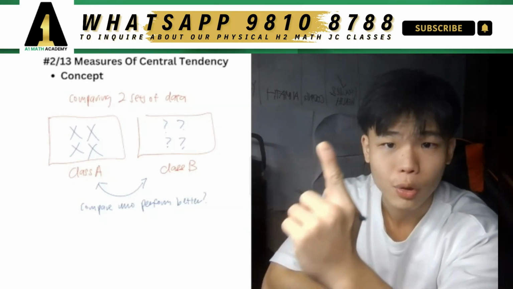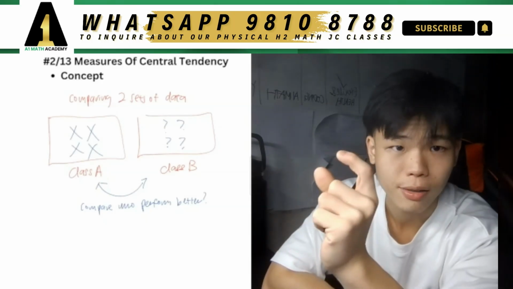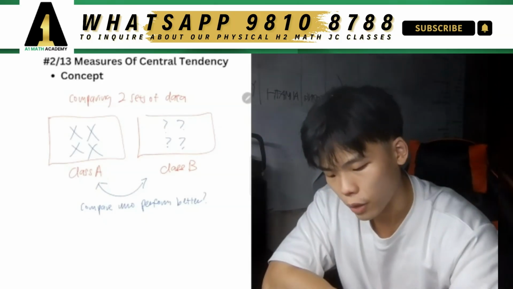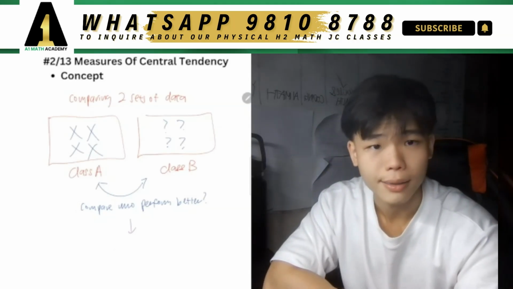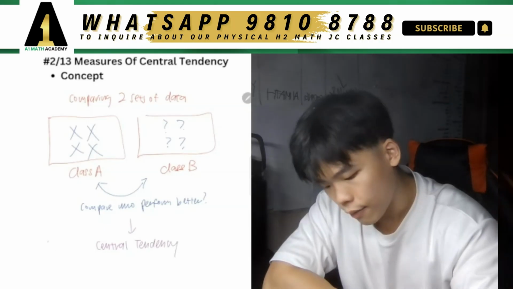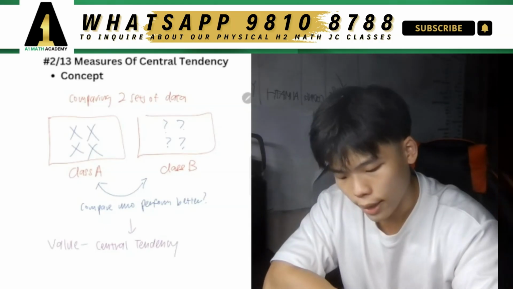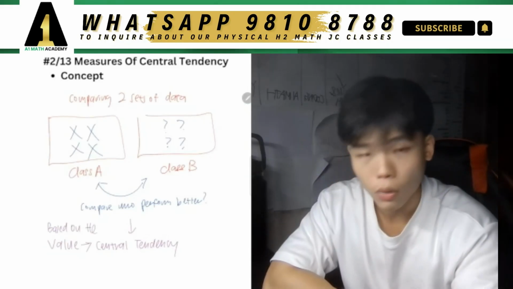In order for me to compare between these two classes, I actually need a metric to compare. This metric is what we call the central tendency, or measure of central tendency.